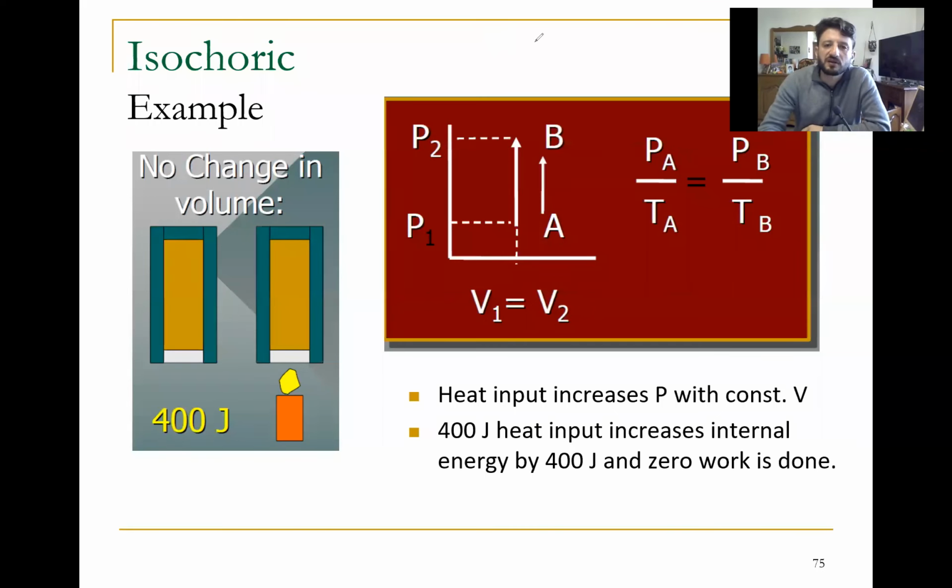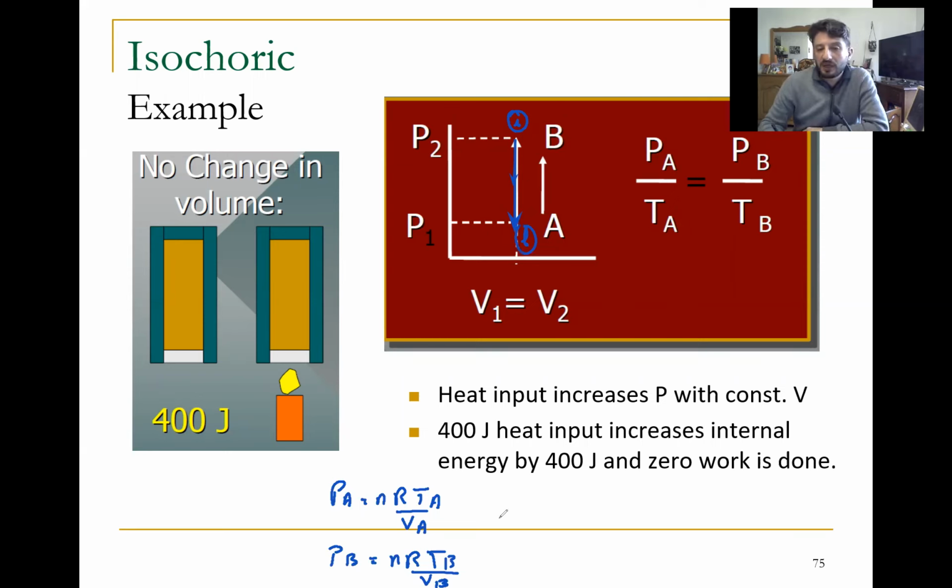If I take the opposite direction, we have the initial state at B and the final state at A. Okay, so initial and final. We have a constant volume. I want to decrease P. So we have PA equals nRTA divided by VA. We have PB equals nRTB divided by VB.